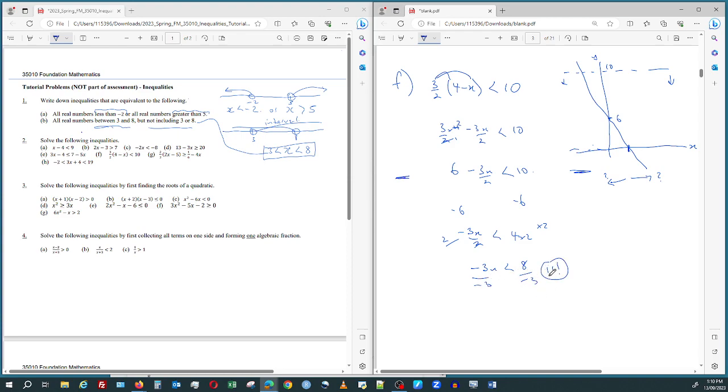So x is greater than minus 8 on 3. That's the solution, but what that means is that we're going this way. In our development of the region and what it looks like, everything that's less than 10 will be this way, all the way across.